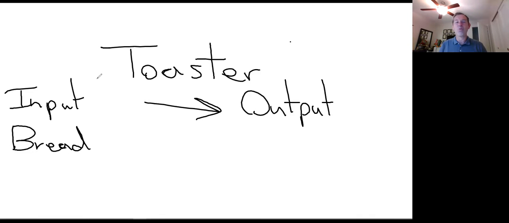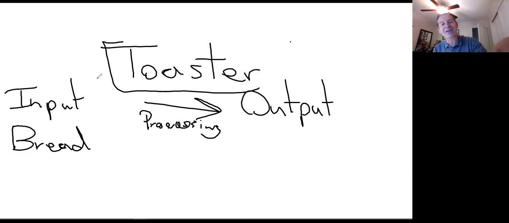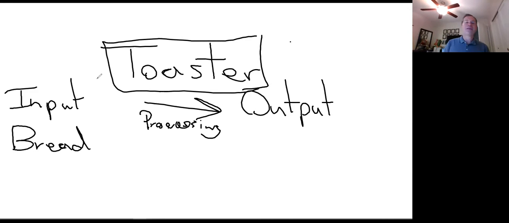So what is the processing that happens in a toaster? You can't use heat, not toasting. We're trying to figure out what toasting consists of. And so what does a toaster do?